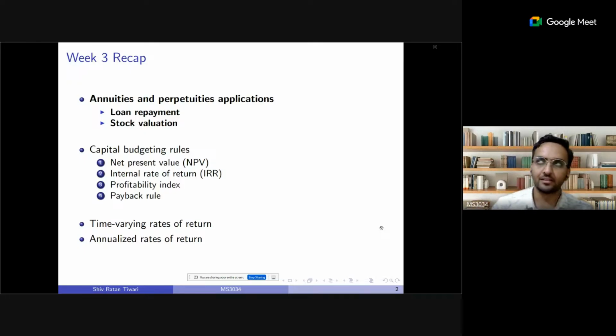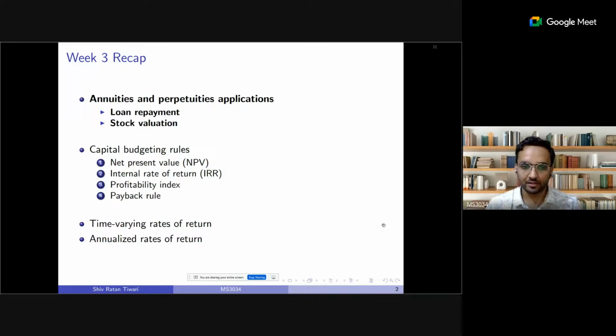Later, the various capital budgeting rules were explored, and mainly four capital budgeting rules were discussed. The most powerful is the net present value, and the others are internal rate of return, profitability index, and payback rule.